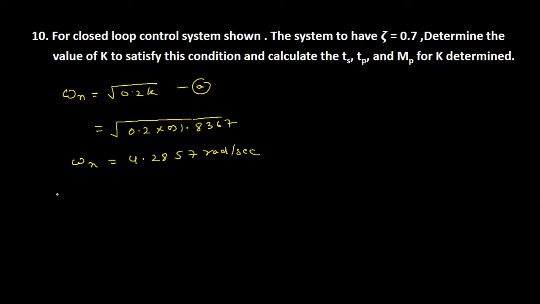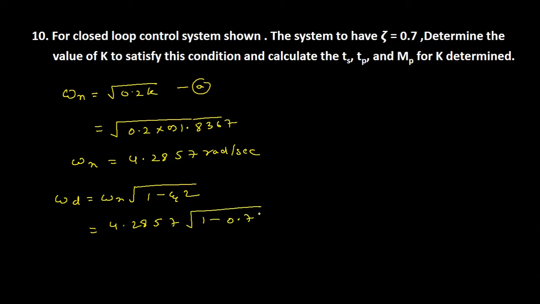From this, we can find out the damped frequency of oscillation omega d, which is equal to omega n into under root 1 minus zeta square. I will put the value of omega n and zeta here. Then we'll get 4.2857 into under root 1 minus 0.7 square. When we solve this, we get omega d is equal to 3.0606 radian per second.